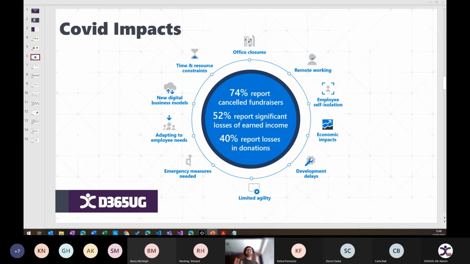Microsoft recognised all these different issues that were coming up, and they'd already started down the road of the industry accelerators for non-profit, but they quickly started to mature those quite rapidly, especially after the time that COVID hit.